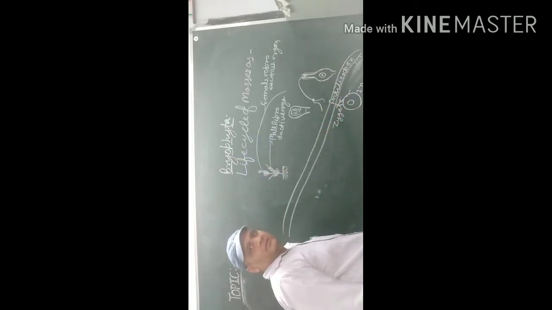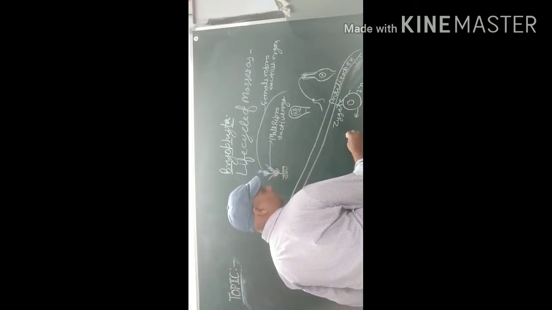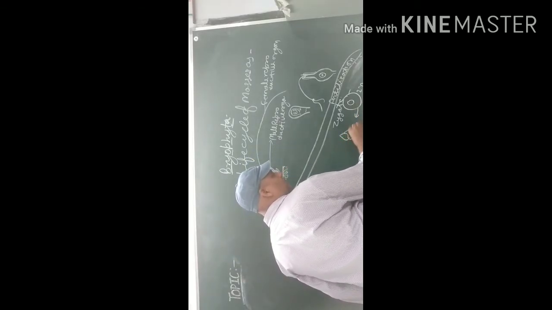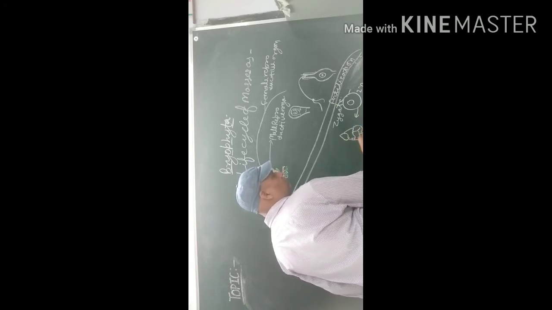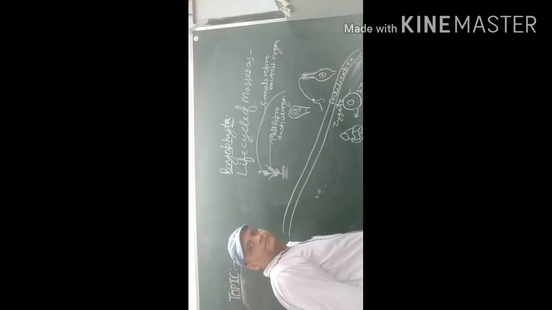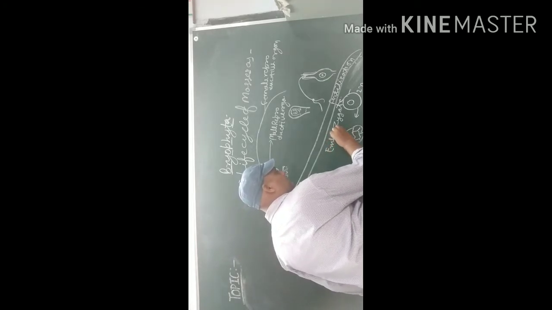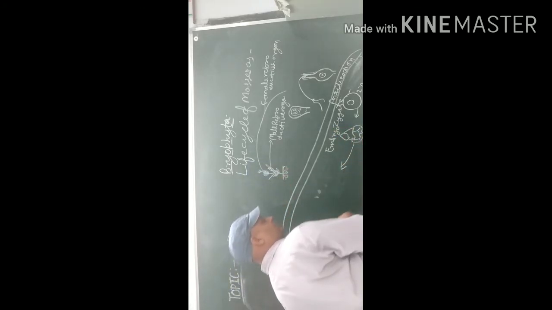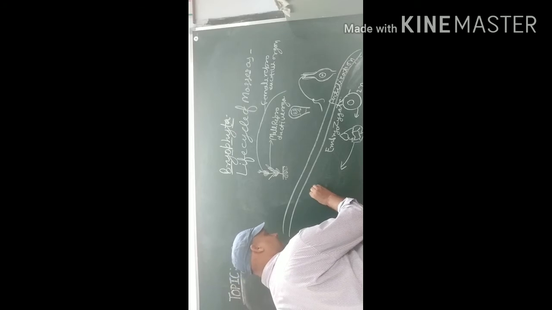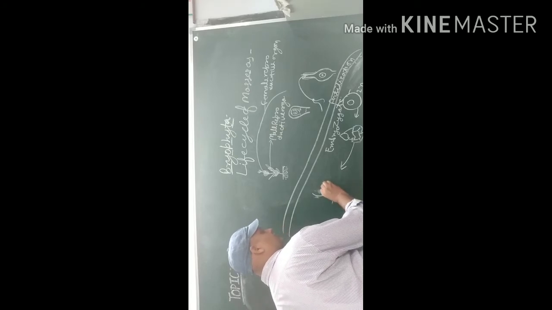The zygote germinates and forms an embryo. The embryo develops into the sporophyte.